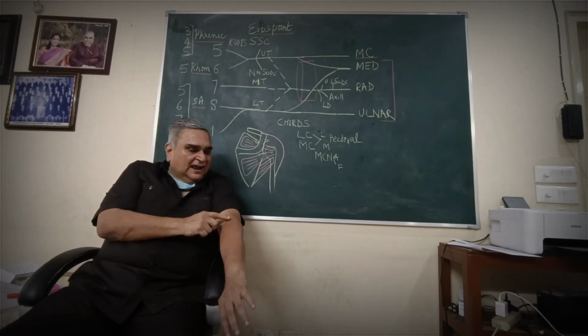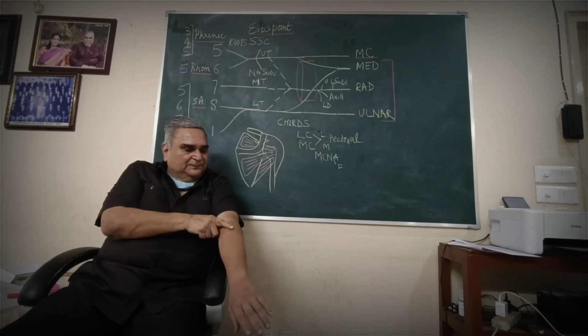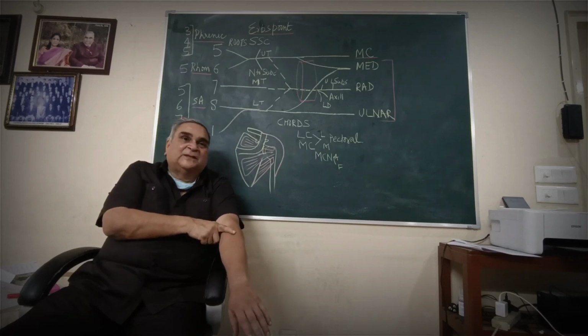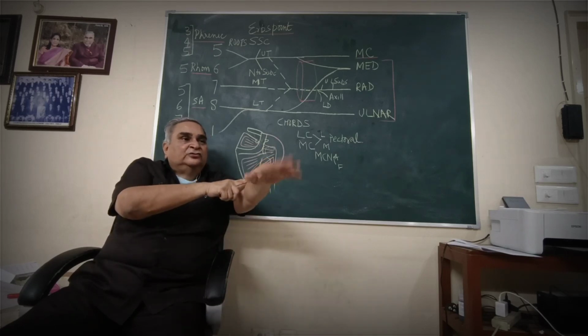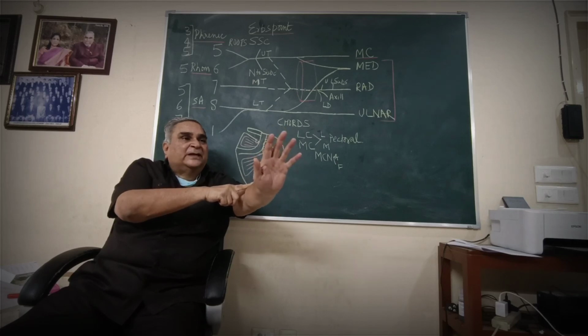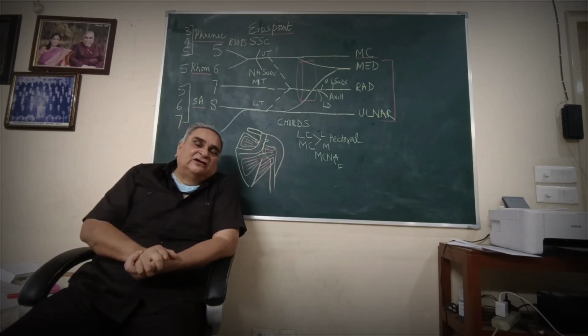And when you are trying to excise the head of the radius, the posterior interosseous part of the radial nerve is paralyzed. But then in the low radial nerve paralysis, the wrist is spared and you have only the MP joint, finger and the thumb drop. So this finishes the testing of all the nerves of the upper limb.